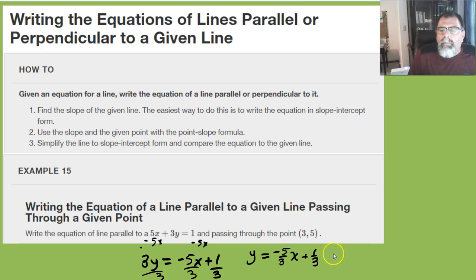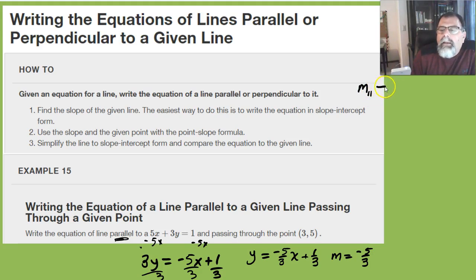So my slope is -5/3. Now, what we want is the parallel line, and we just talked about parallel lines have the same slope. So our parallel line, I'm going to put these two straight lines, it means parallel, not 11.